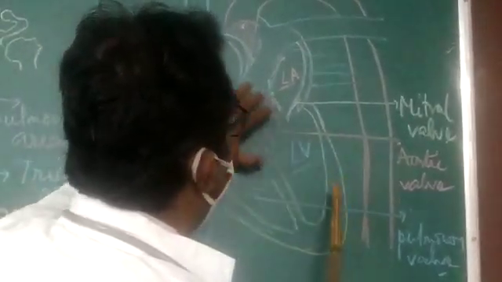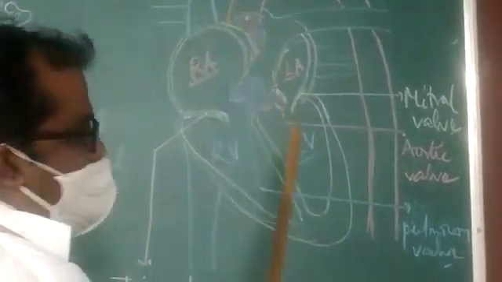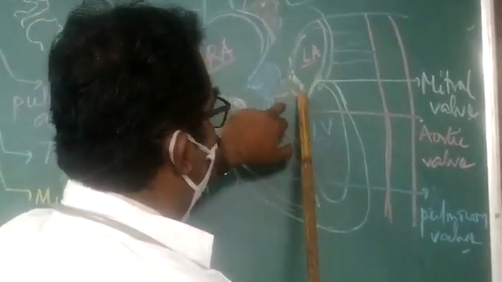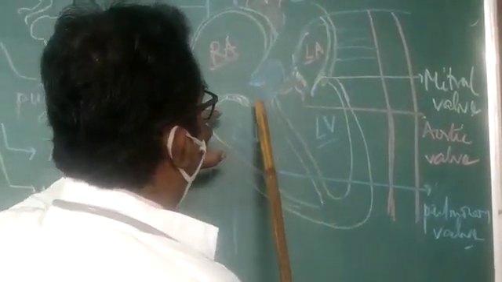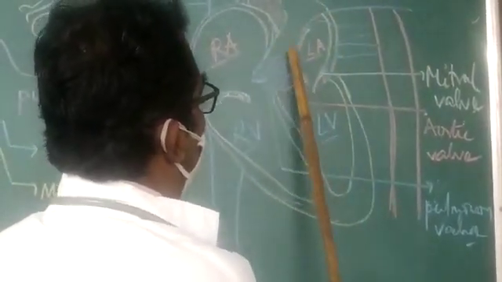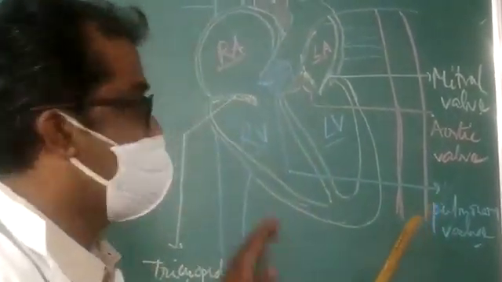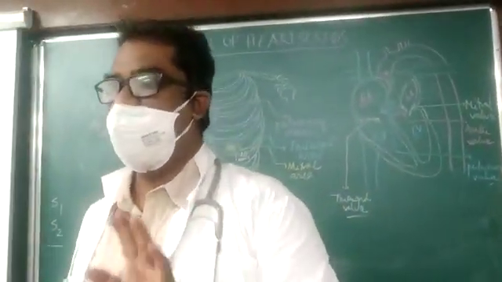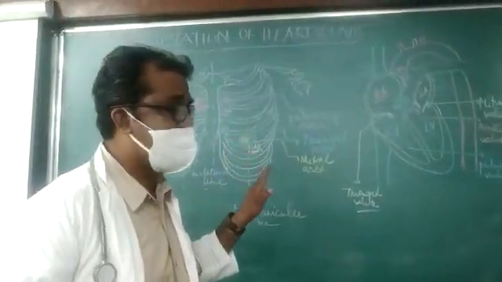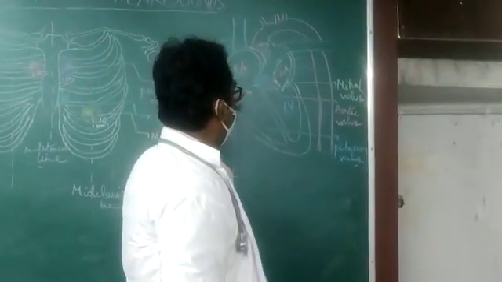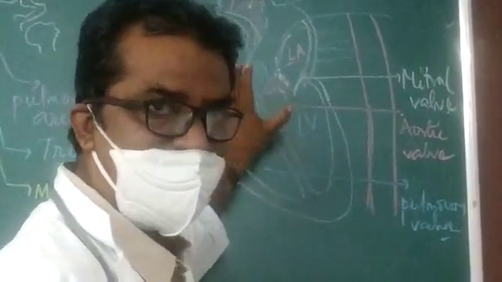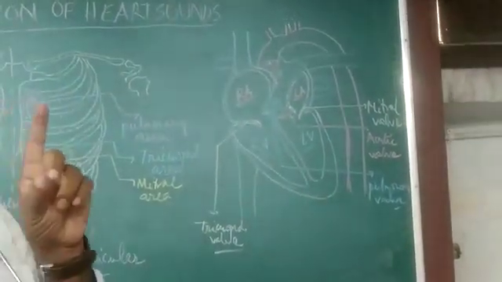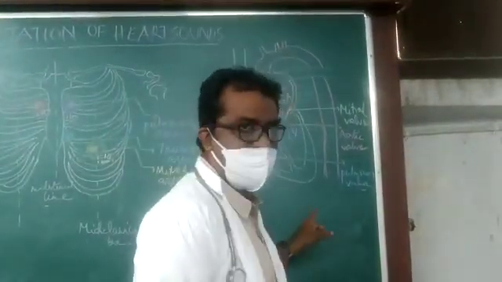When the blood is going from the ventricle to the arch of aorta, the aortic valve is situated there. And when the blood is going from the right ventricle to the pulmonary artery, the semilunar valve controls the blood flow. The first heart sound is associated with the bicuspid and tricuspid valve. The second heart sound is associated with the pulmonary and aortic valve.